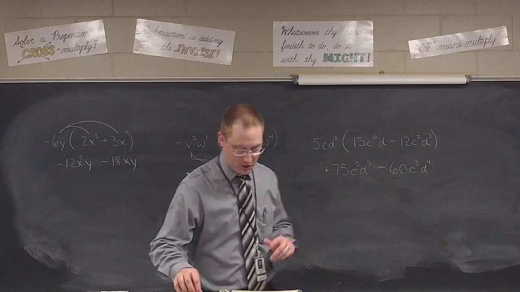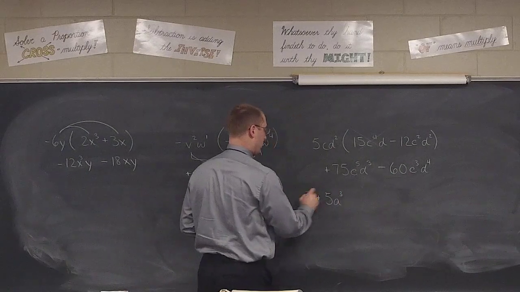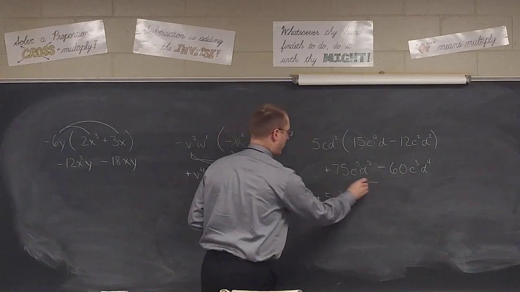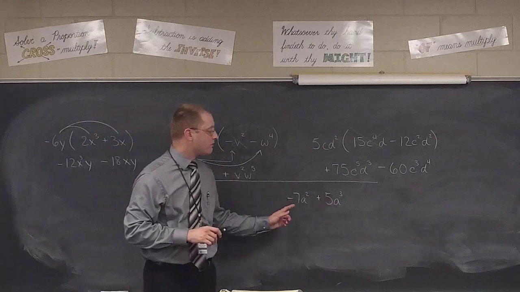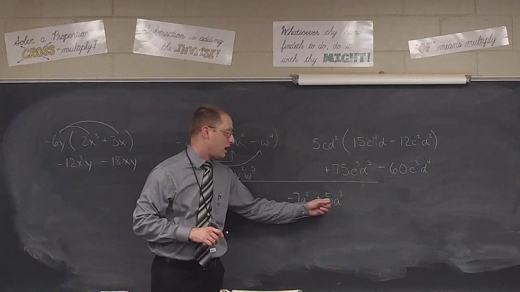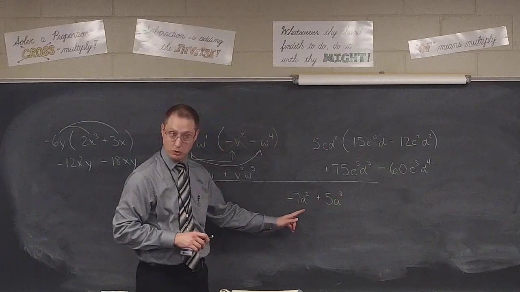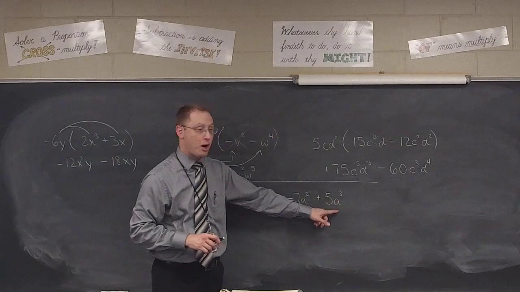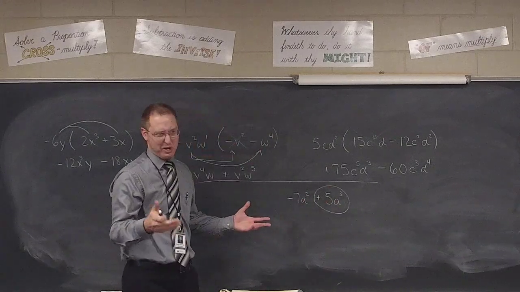Good. Now, I want to throw this out there real quick. This is something I will emphasize more when we get to Algebra 1. But as you look at these two terms, one of these is bigger than the other as far as the letter goes. You see how this has 3 A's in it? This only has 2. This is a bigger power. You would say this is a more powerful term, right? If you want to think in those terms.